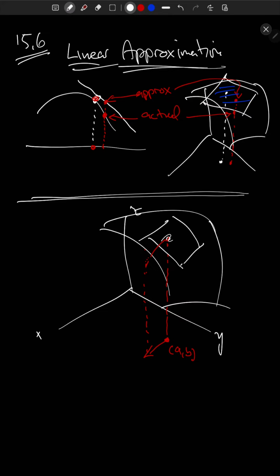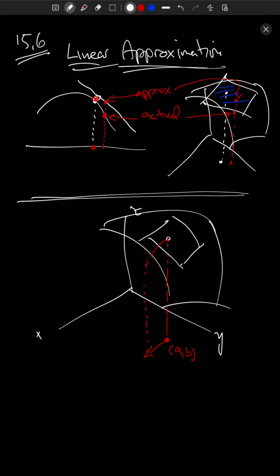This curve, we can talk about its tangent line. We could parameterize this curve. That would be super easy because you're only moving in the x direction. So a nice parameterization would be a plus t comma b, so that t equals 0 corresponds to a. If you do this parameterization, you have one variable.